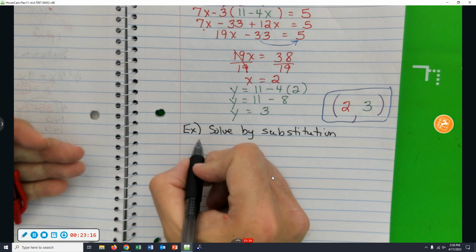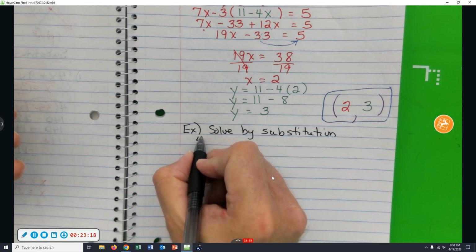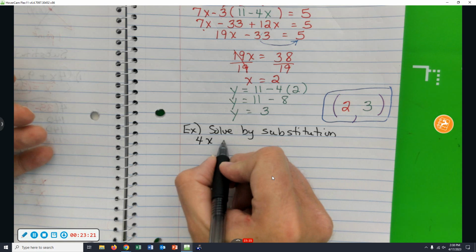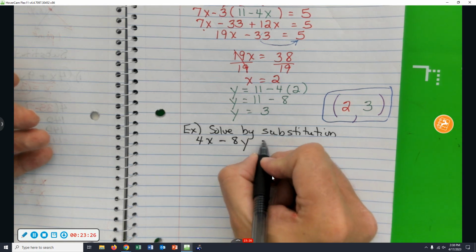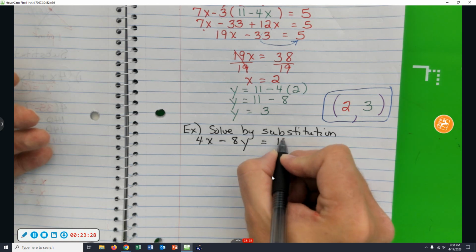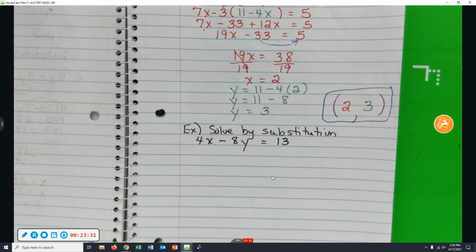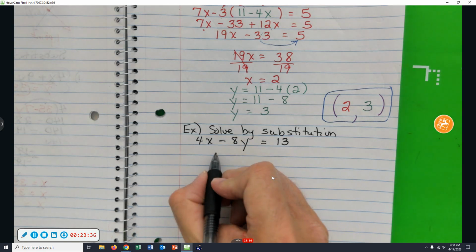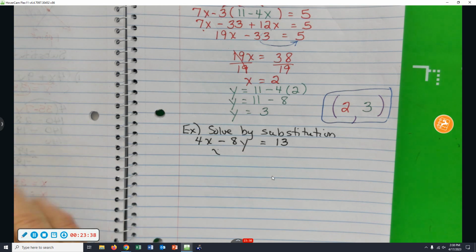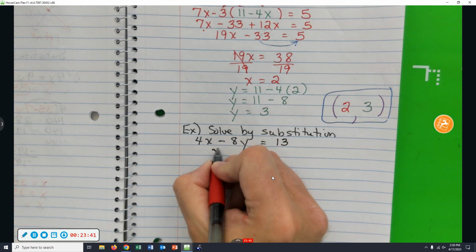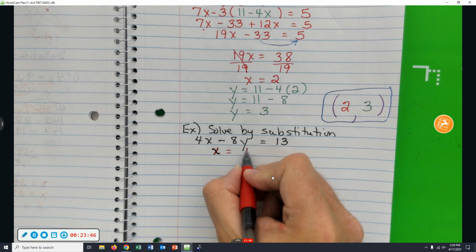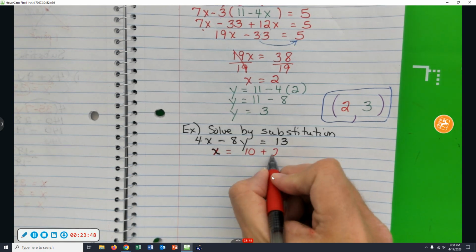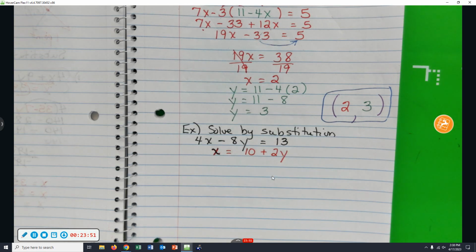Suppose we had 4x minus 8y equals 13, and my second equation is x equals 10 plus 2y. Suppose we had those two equations.